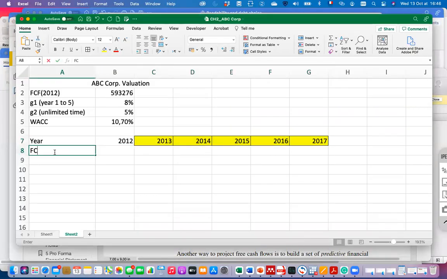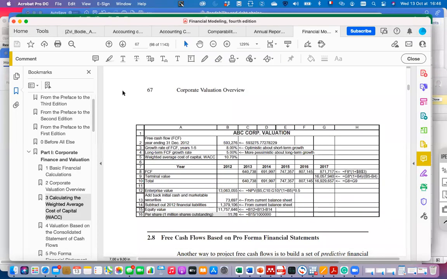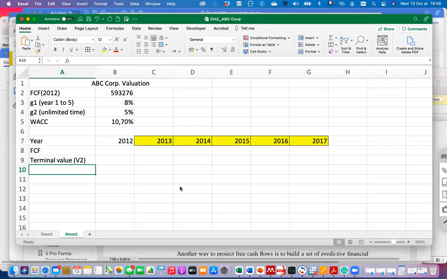Then we have the free cash flow, the terminal value, which you called V2, the value for the second stage, and finally the total.